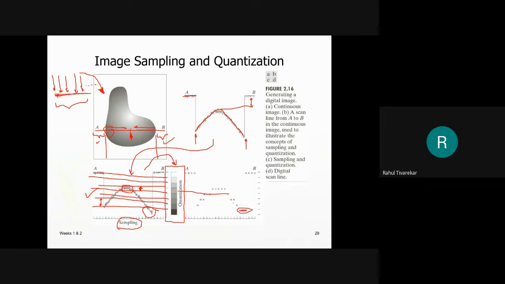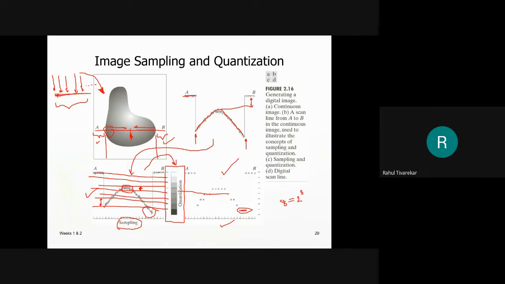Now we have only a fixed number of amplitude levels, that is only 8 amplitude levels, which can be represented if I use 3 bits, because 8 is equal to 2 raised to 3. So if I use 3 bits, then using binary number representation, I can represent these 8 amplitude levels. This is how the processing is done in an image.